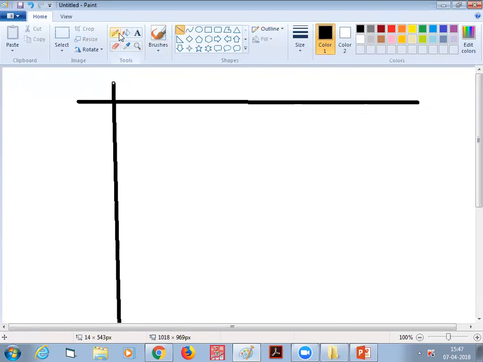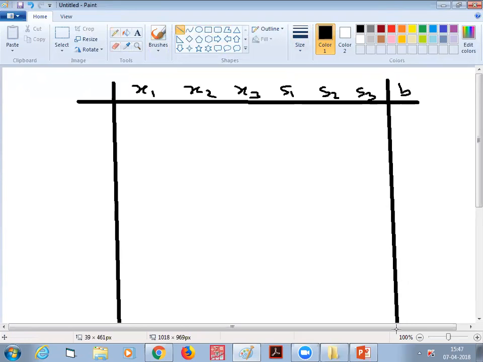Okay. This time let's write down the things. So x1, x2, x3. And let's have 3 constraints also. S1, S2, S3. Okay? This is nice and confusing. Right? And B here. Okay, and let's draw a line here. This is vertical.